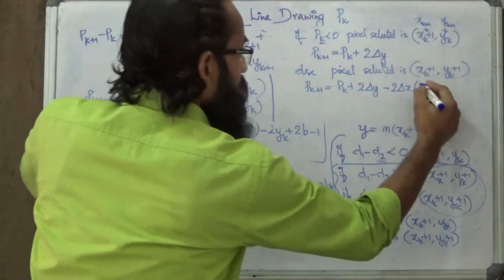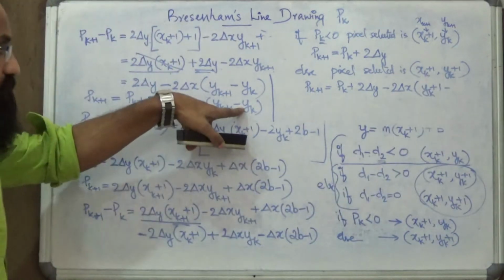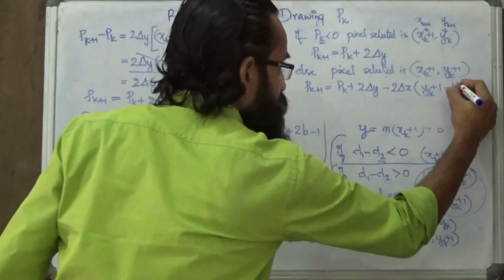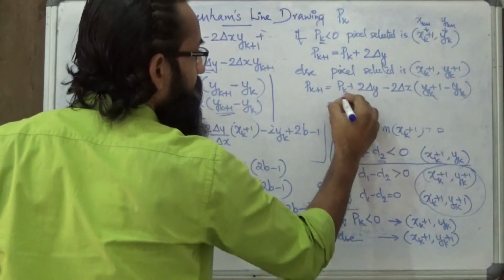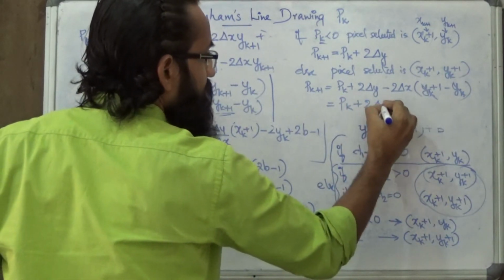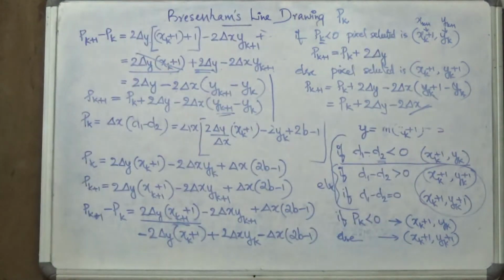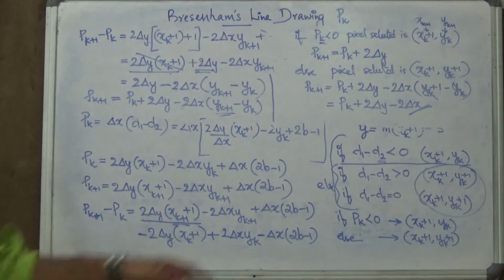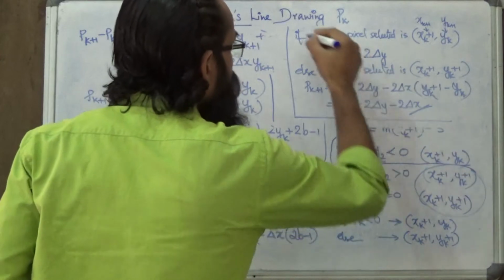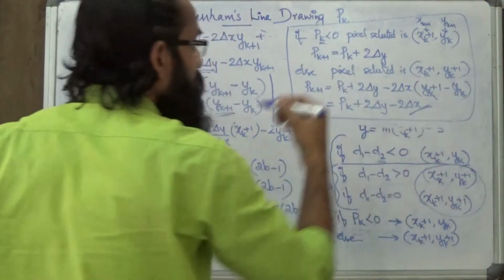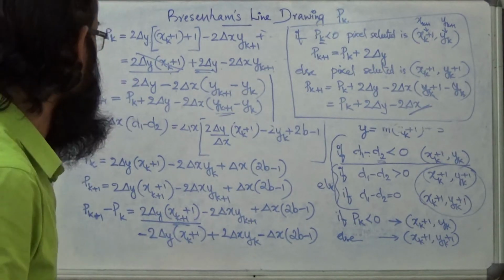Yk plus 1 is yk plus 1 minus this yk. So this yk gets cancelled. You will be getting pk plus 2 delta y minus 2 delta x. So in this way you can incrementally compute the decision parameter. That is the main point in Bresenham's line drawing algorithm.